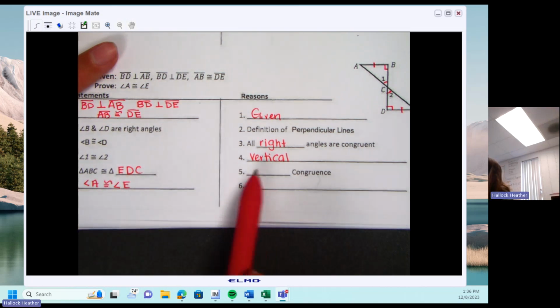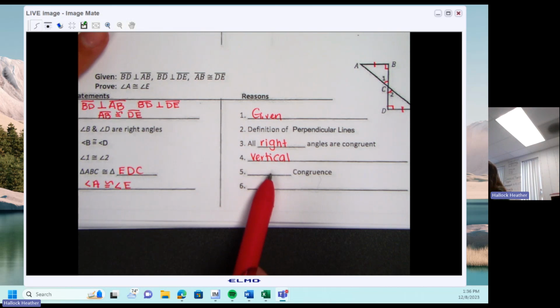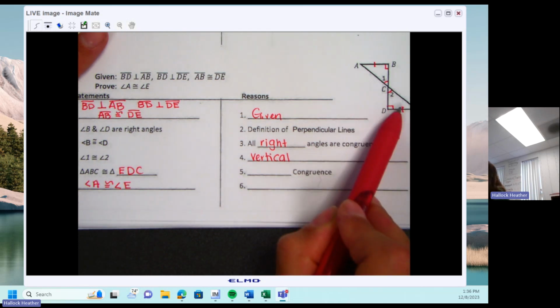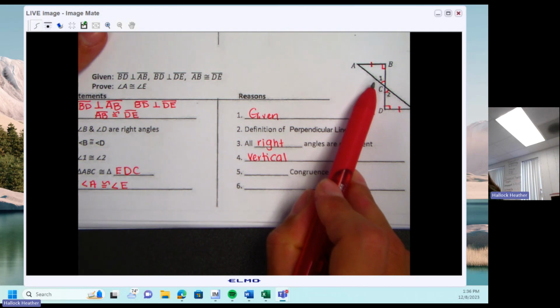Because it says a triangle is congruent to a triangle, this is when you use the 5 theorems. Which congruency theorem? No, it's not HL. HL literally stands for hypotenuse leg. You need to know the hypotenuses are congruent to use hypotenuse leg.